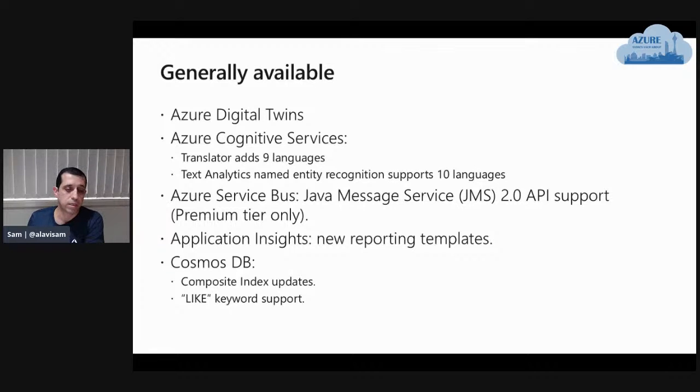Cosmos DB got two announcements in GA. The first one is composite index updates, a feature for improving performance and tuning queries for better results and efficiency inside Cosmos DB.